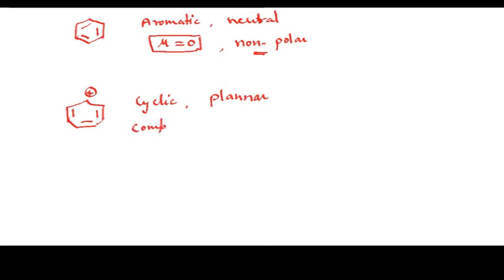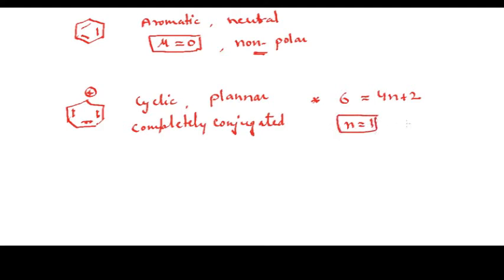Moreover, by Huckel's rule, a total of 6 electrons are participating in delocalization, coming from 3 pi bonds. Since a positive charge means no electrons, we can say 6 pi electrons equals 4n plus 2. So n comes out to be 1, which satisfies Huckel's rule, so it is aromatic.